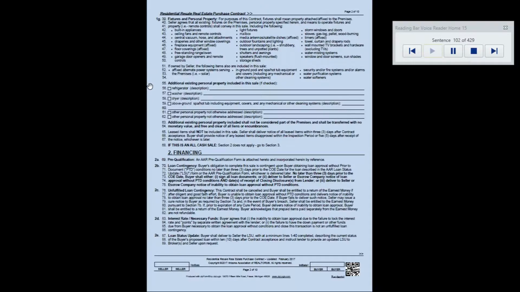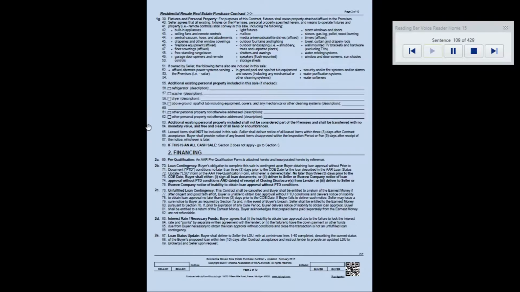Additional existing personal property included in this sale, if checked: refrigerator, description; washer, description; dryer, description; above-ground spa hot tub including equipment, covers, and any mechanical or other cleaning systems, description. Other personal property not otherwise addressed, description.